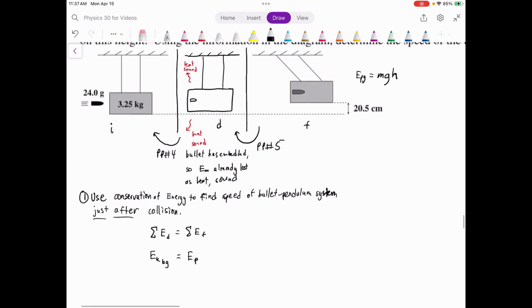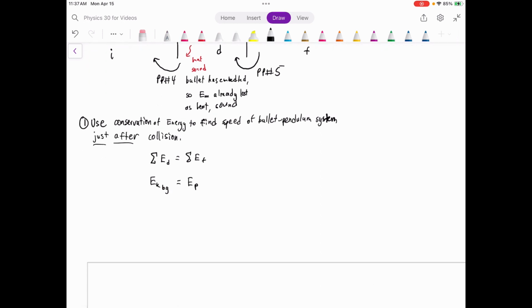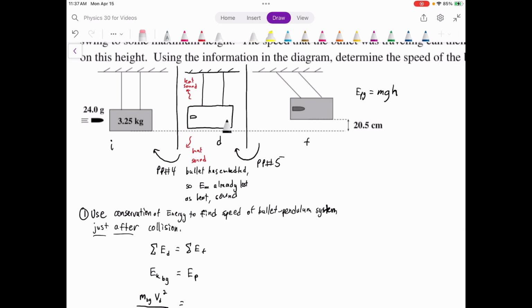Well, we've got a mass. In this case, what mass is moving? It's the mass of the bullet and the gel. We have both of those, but that's the total mass that's moving. So we've got the mass of the bullet and the gel times their speed during squared over 2 will be equal to their potential energy here, right?